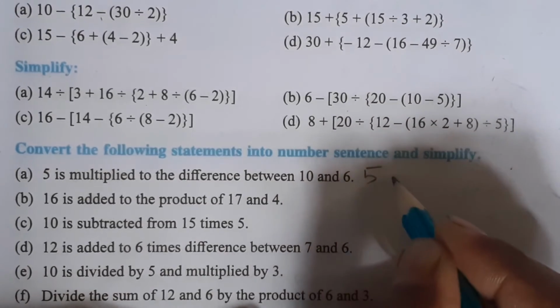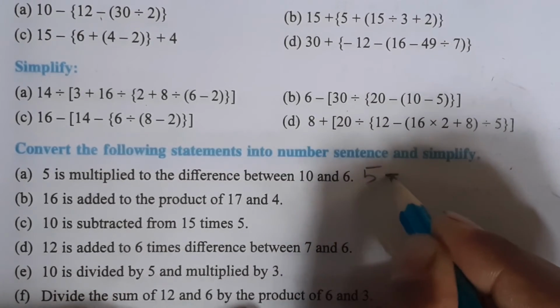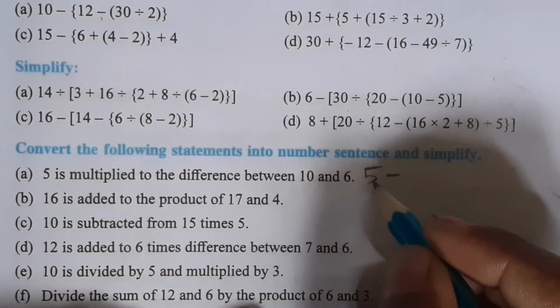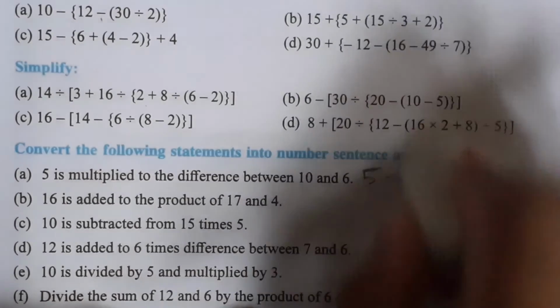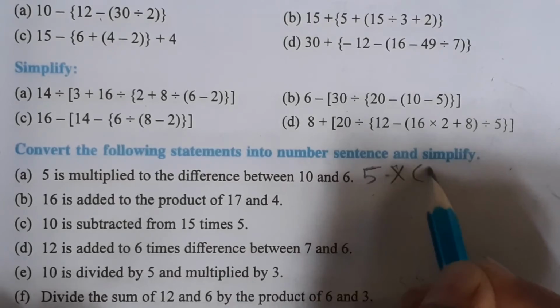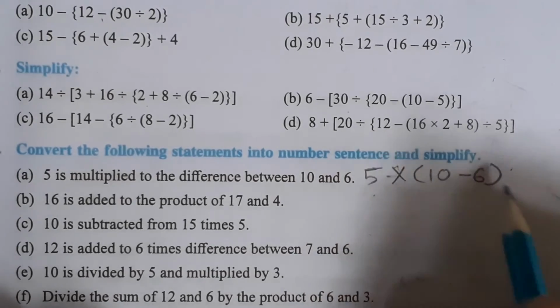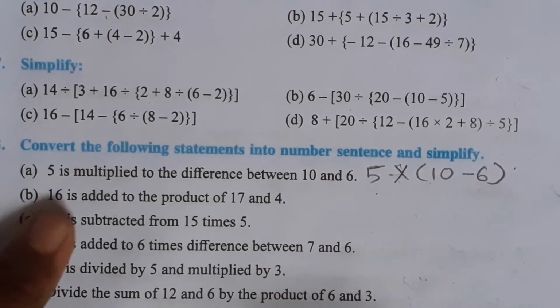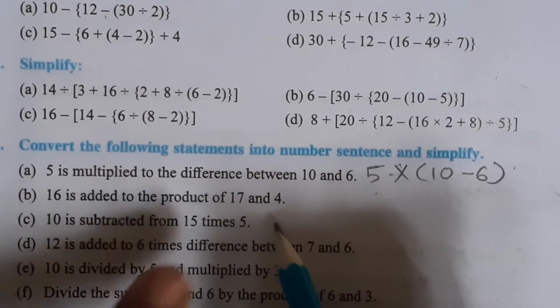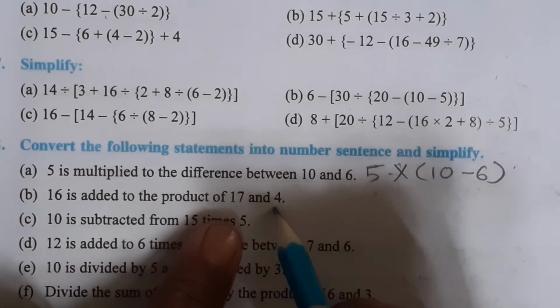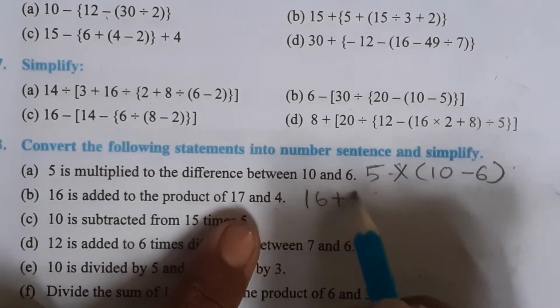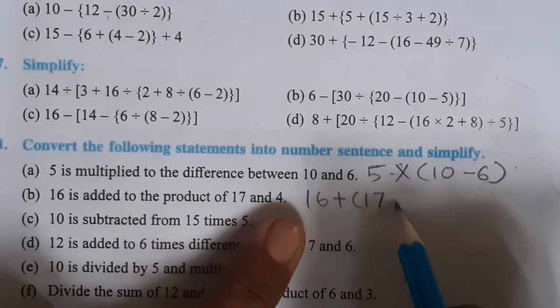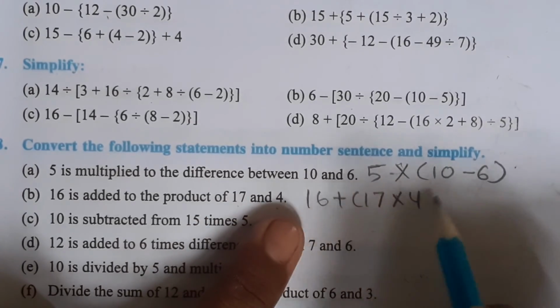Okay, do it yourself. Second one: 16 is added to the product of 17 and 4.